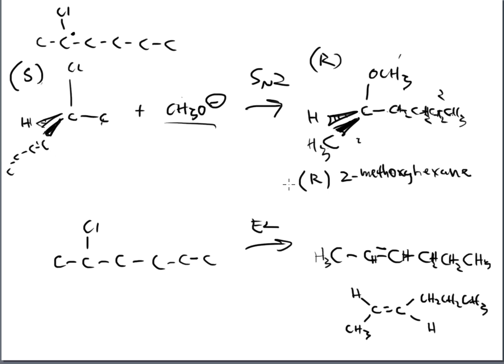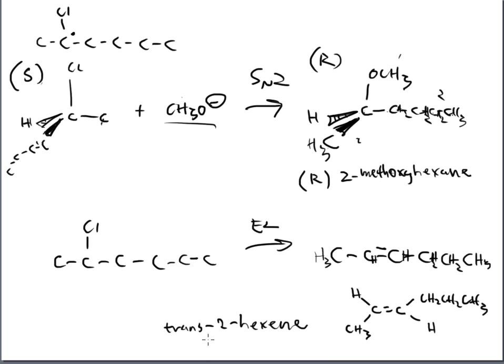I'm not. Down below, if we had to name this one, 1, 2, 3, 4, 5, 6. So this is a hexene. At carbon number 2, I have a 2-hexene. And I also can talk about stereochemistry here if I had the option of which one's going to be the best.